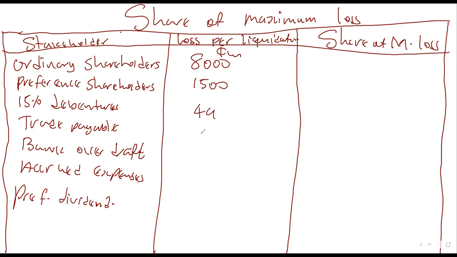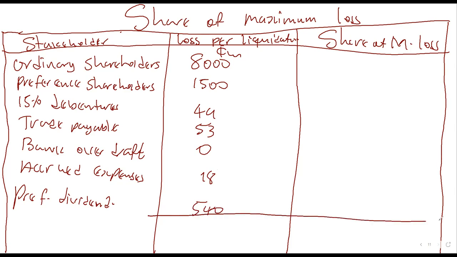Venture is 49, trade payable is 53, bank overdraft is 0, accrued expenses is 18, preferred dividends is 540. It gave us a total of 10,160.